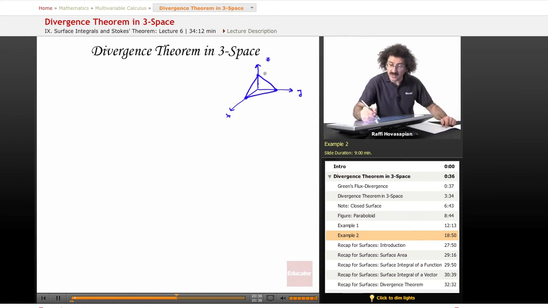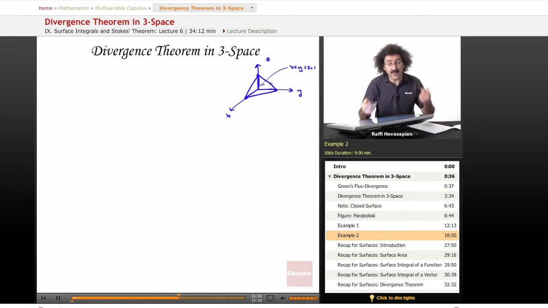So what you have is that little pyramid right there. This pyramid is made up of the yz plane, the zx plane, the xy plane, and this plane, that surface, the x plus y plus z equals 1 plane. So you basically have a volume that's contained by 4 surfaces: 1, 2, 3, and 4, the plane.